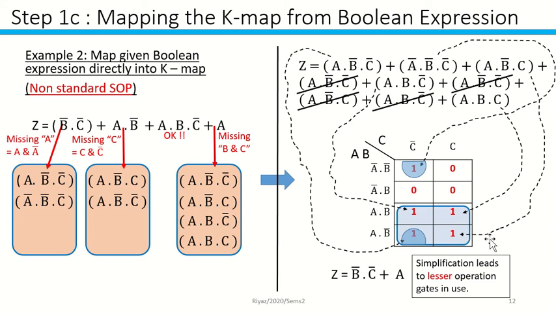Rule number 2: the simplification costs us fewer gates. For example, you need lots of gates over here, since each situation input needs one gate, but over here you only need 5 gates to perform this task.